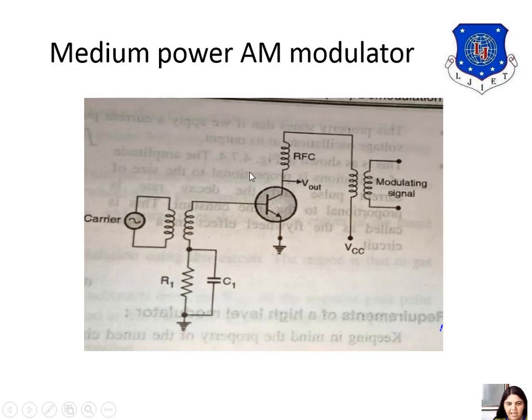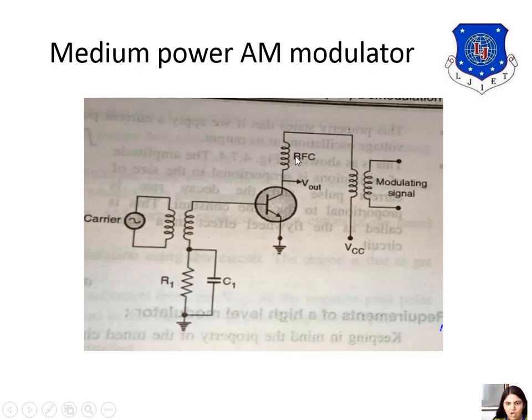Again, the RFC is used over here. This RFC is the radio frequency choke, which acts as a short circuit for DC and an open circuit at high frequency.